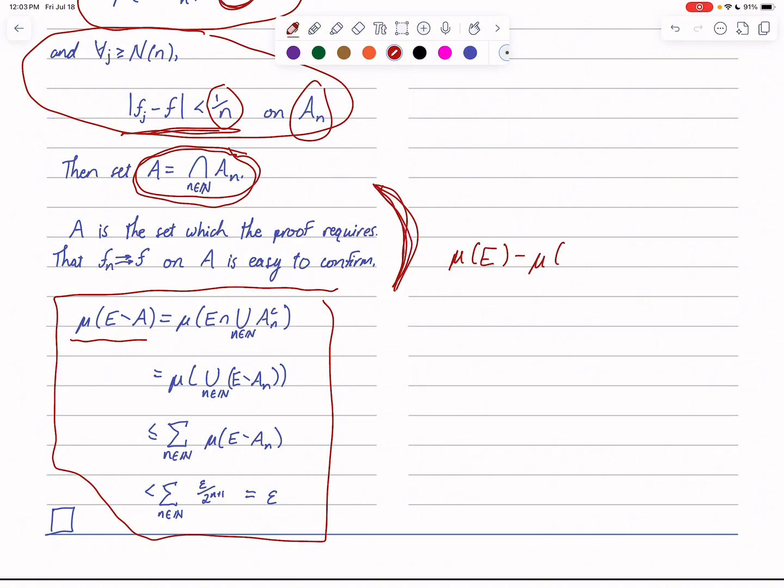So recalling that A is the intersection, here we would represent it like this, and then at this point you would have to measure this intersection, and it's not clear how to do that. We don't have good tools, unless it's a monotone sequence and we use continuity of measure or something like that. It's not clear how we would measure that A. So maybe this is a bit of a dead end.